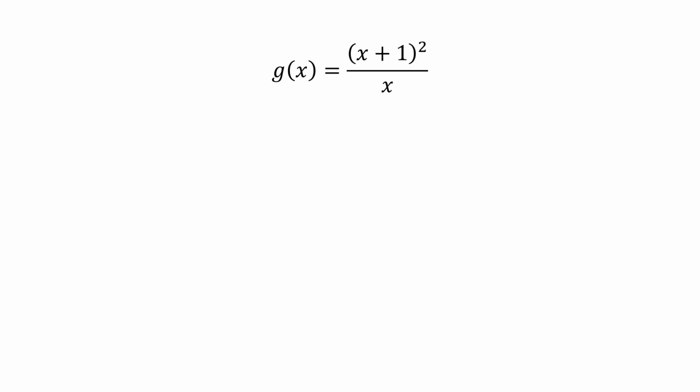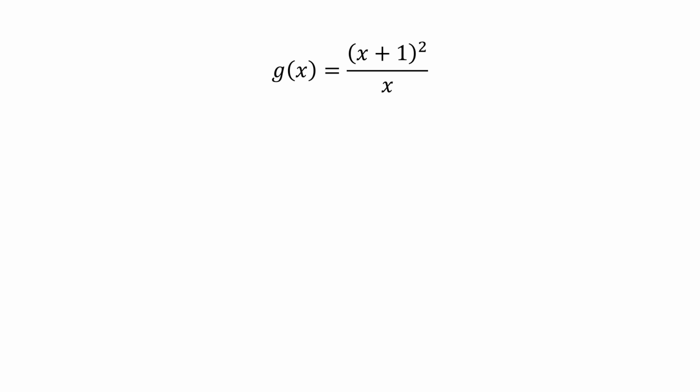We now differentiate the function g of x equals (x plus 1) squared all over x. Unlike the previous example, before applying the differentiation rules, we must first rewrite the function using algebraic manipulation.